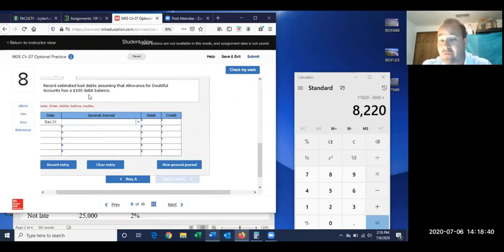The allowance for doubtful accounts is a contra account, so a debit balance means it's negative, because it sits in the asset category. So we've got the bad debt expense for 11,920, and we're going to credit our allowance for doubtful accounts because we want to get it up to 11,820.